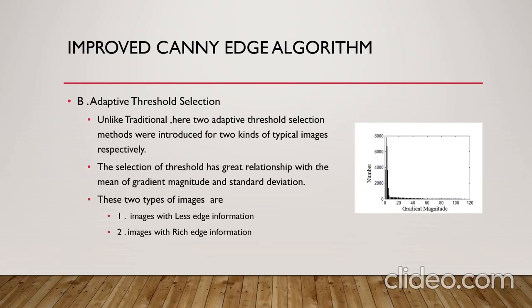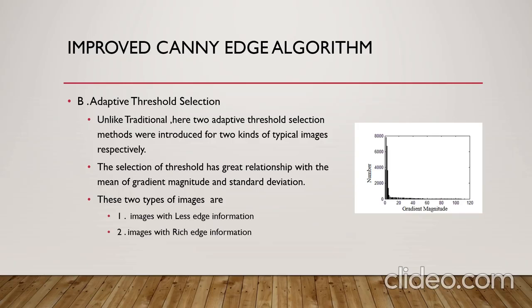The second improvement is adaptive threshold selection. Unlike in the traditional Canny detection algorithm, here two adaptive threshold selection methods were introduced for two kinds of typical images. Basically, an edge is a region which has larger gradient magnitudes, so whether a pixel is an edge or not is decided based on a particular gradient magnitude value.